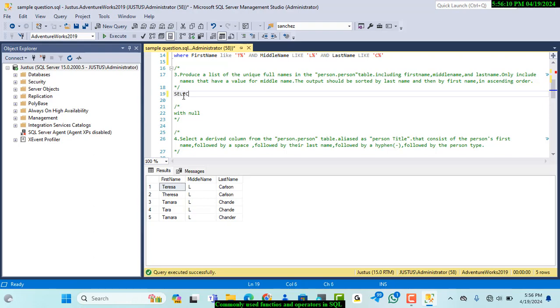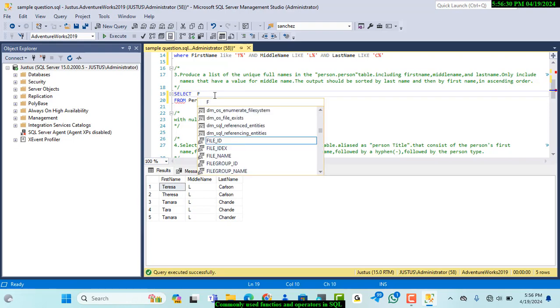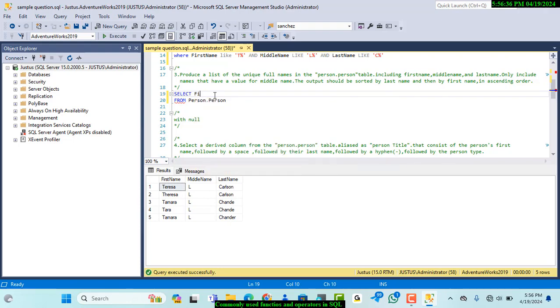So first I need to select all from the table Person. So I need to select the first name, middle name, and the last name.